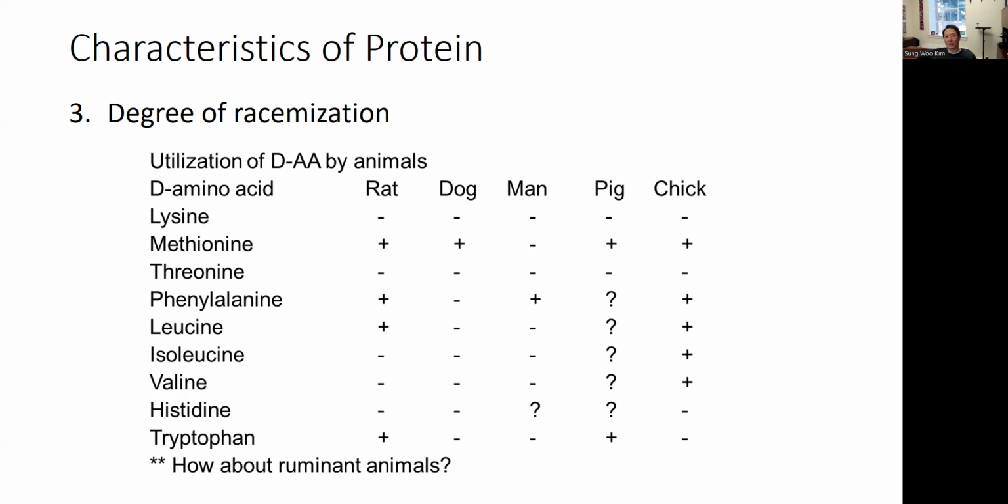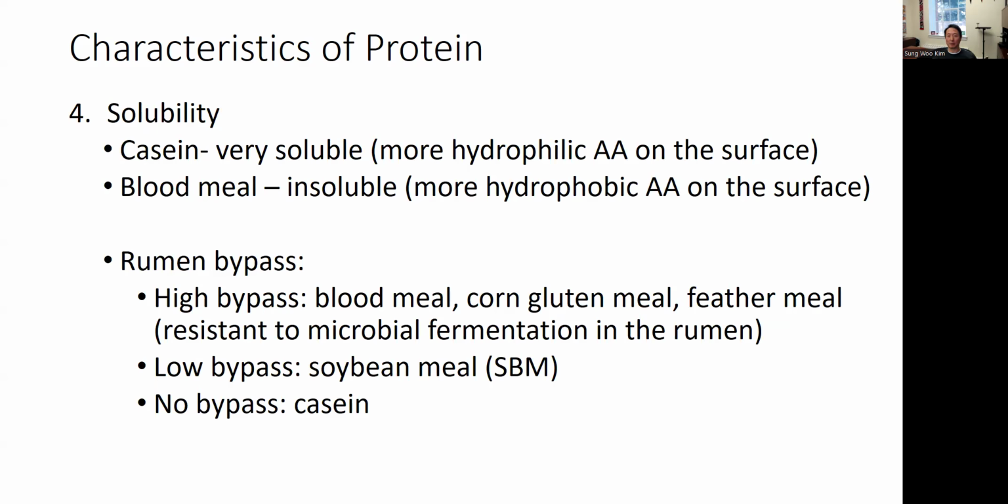The next is solubility. The solubility of protein will determine the characteristics of protein. That'll be one of the main characteristics of protein. Depending on the source of protein, solubility is largely different. Okay? In the case of casein, as an example, casein is a milk protein. The casein is known to be highly soluble.